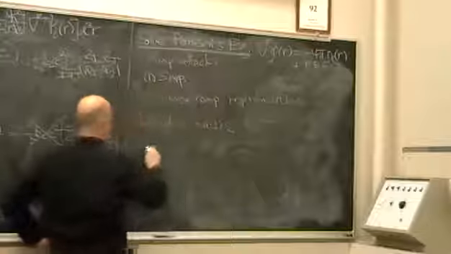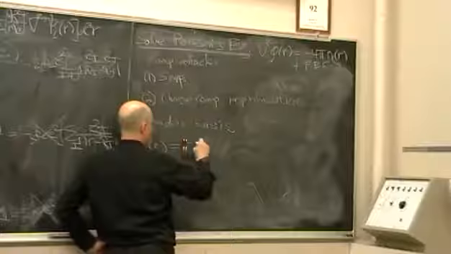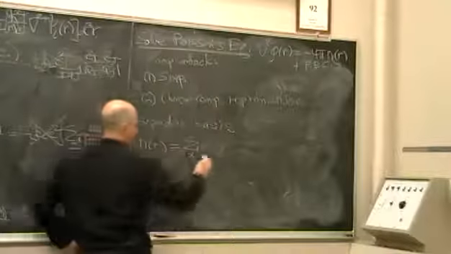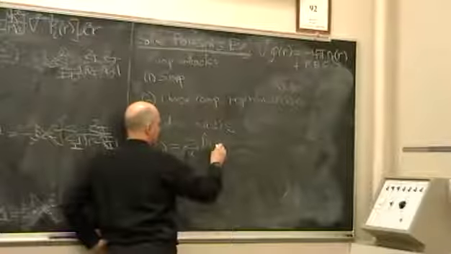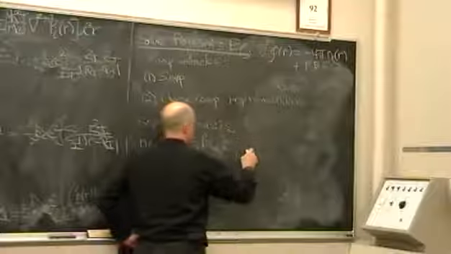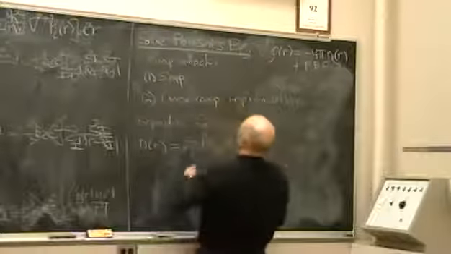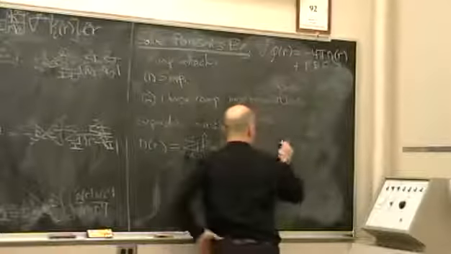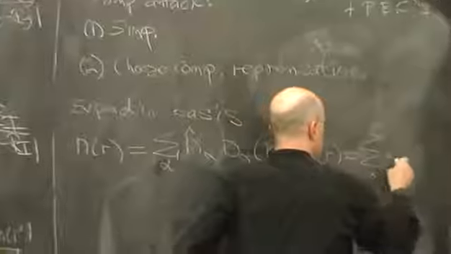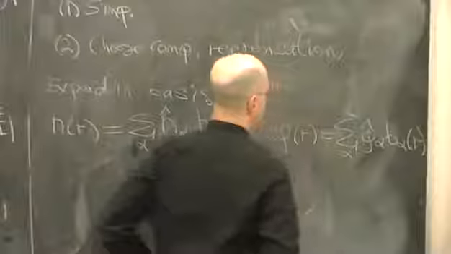So for instance, we could take the density n of r and say it's going to be equal to a sum over some finite number of expansion coefficients, which I'll call n hat alpha, times a set of basis functions, which I'll call b alpha of r. And similarly, we are going to probably want to expand our potential on a basis. That's one choice, a basis expansion.